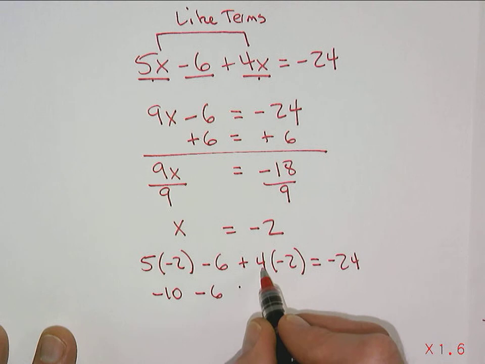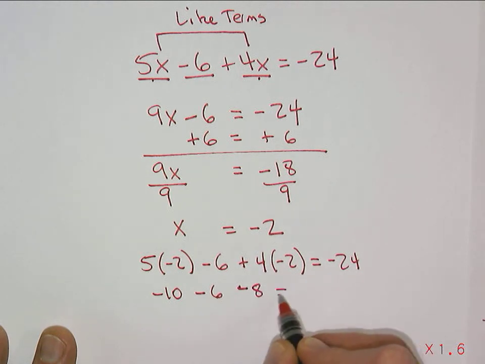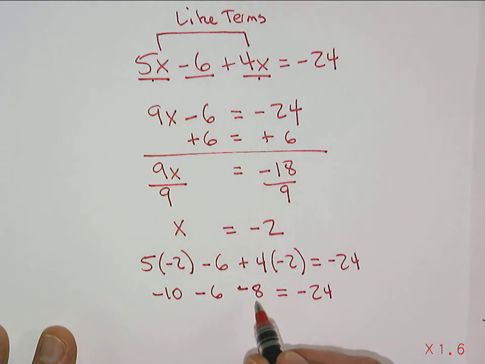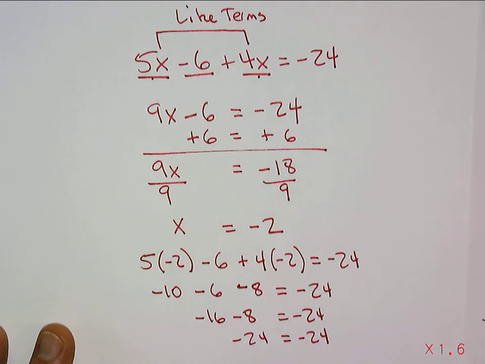And then a 4 times a negative 2 is a negative 8. So you can see that all these terms are negative. Negative 10, negative 6, negative 8. Negative 10 and negative 6 is negative 16. And then negative 16 and negative 8 make negative 24. And once again, it's proven true.